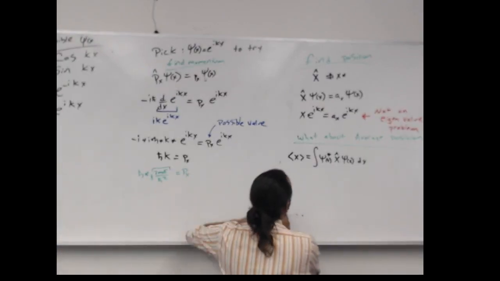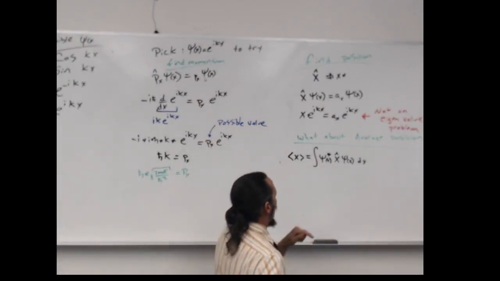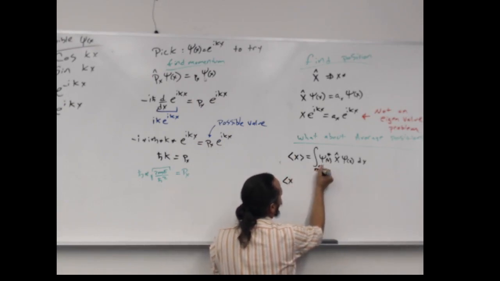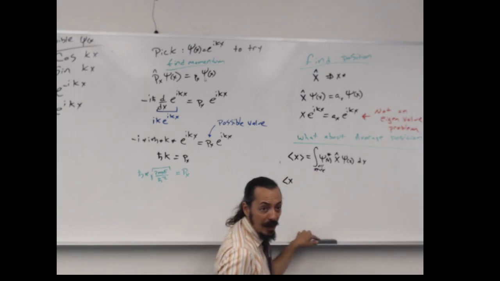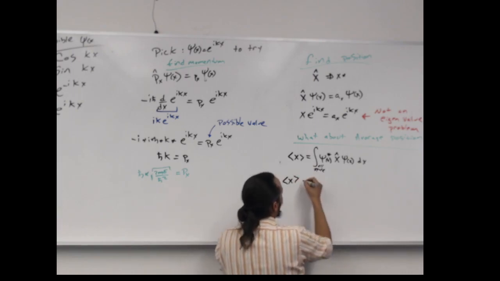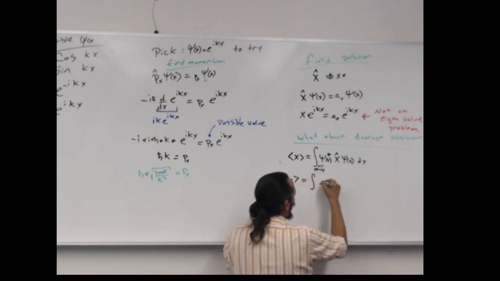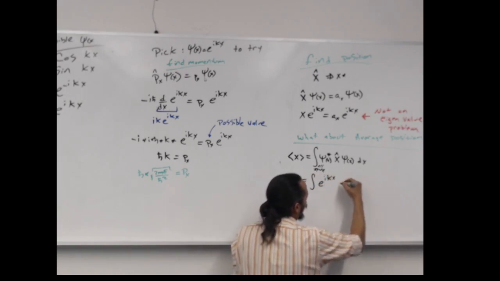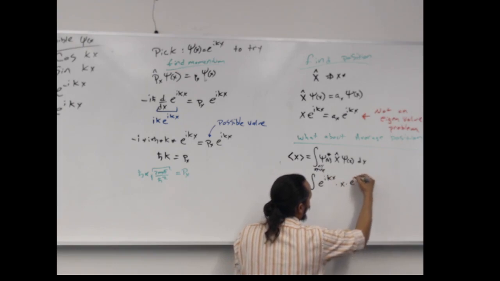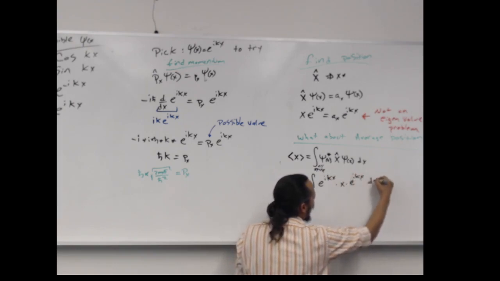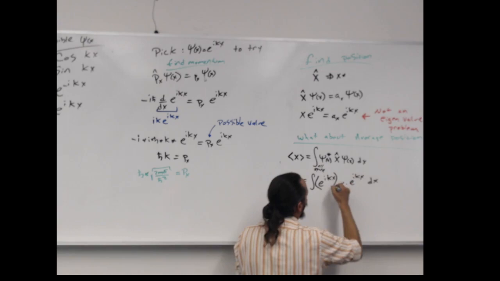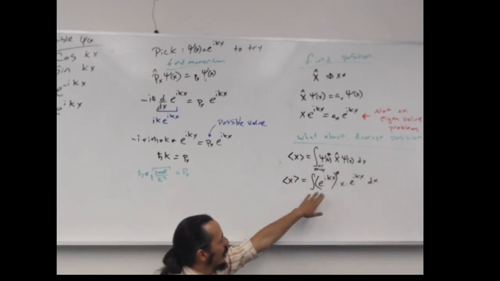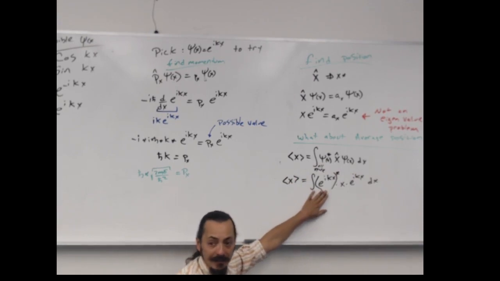I can plug in my definition, the function I'm trying, and my x operator. And this is over all space, so negative infinity to positive infinity. My average position is going to be the integral of e... Okay, I'm going to do something a little bit funny. Since we had some people who need practice with complex conjugates, I'm going to have the complex conjugate of my wave function.